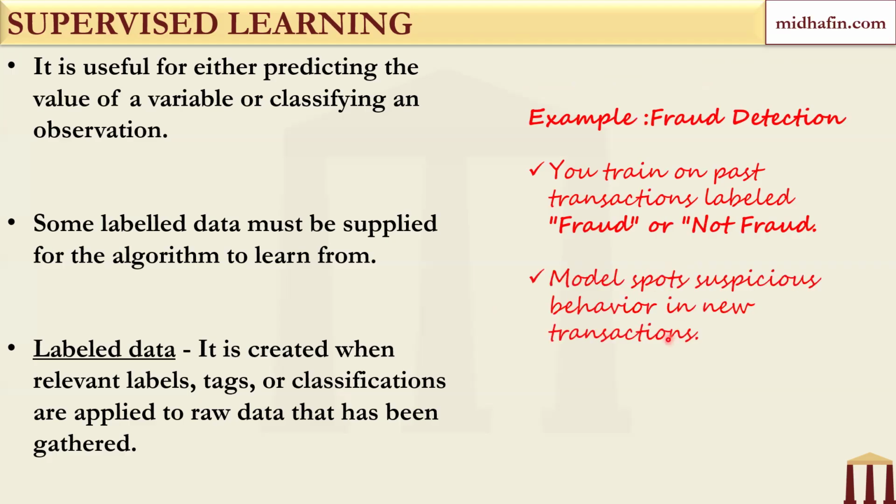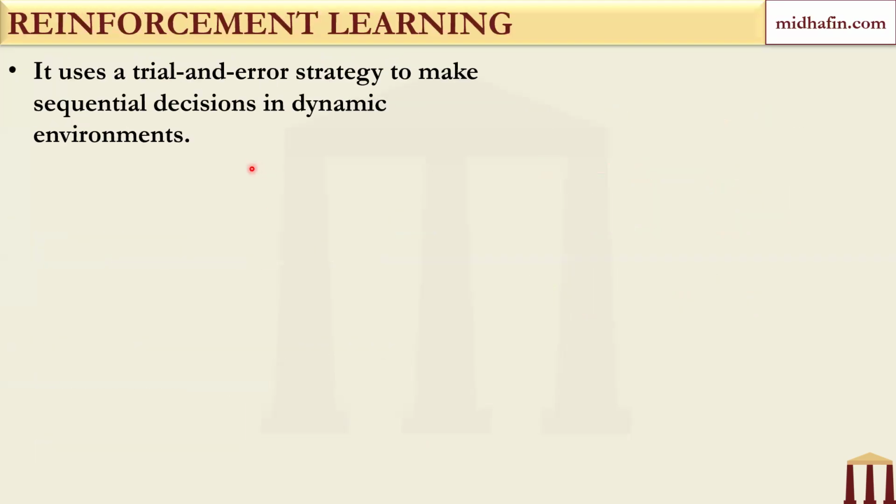You compare them with patterns that the model learned from the past data. That is exactly how many credit card fraud detection systems work in practice. Basically, supervised learning is about learning from examples where answers are known so that you can make predictions or classifications on new or unseen data.